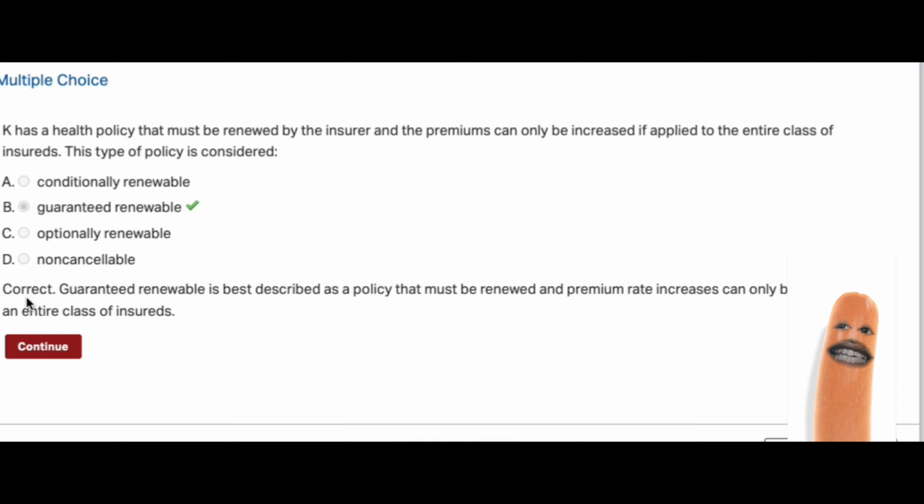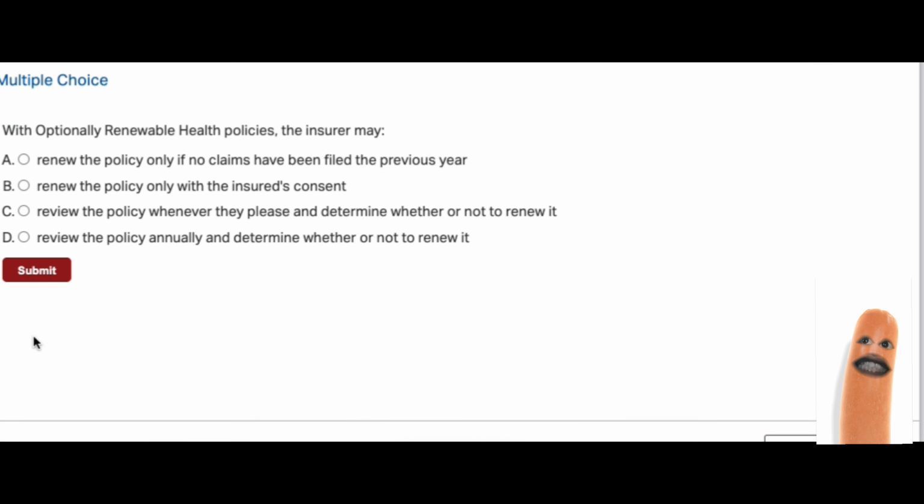Next question, please. Say, with optionally renewable health policies, the insurer may A, renew the policy only if no claims have been filed the previous year. B, renew the policy only with the insurer's consent. C, review the policy whenever they please and determine whether or not to renew it.